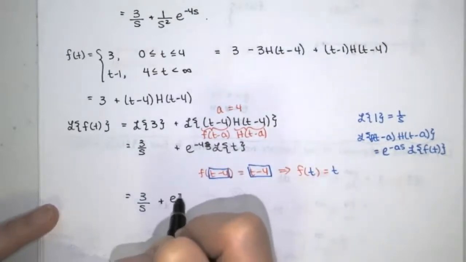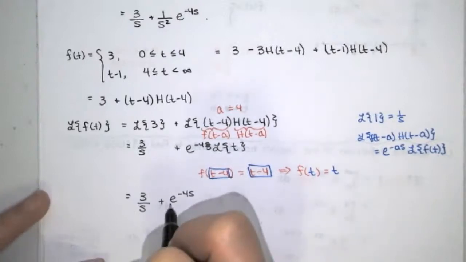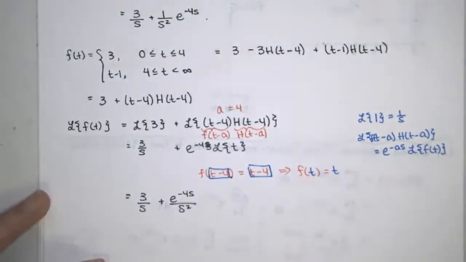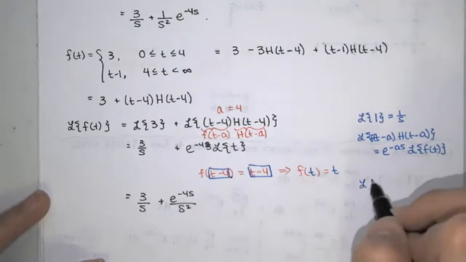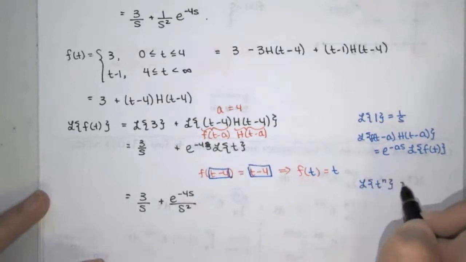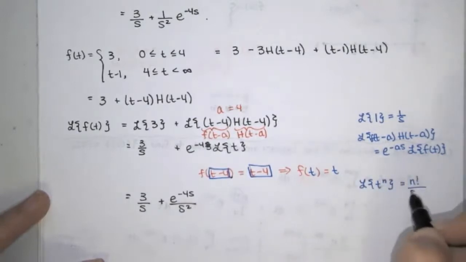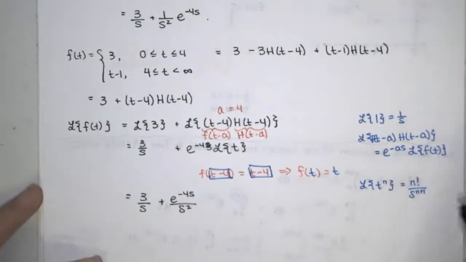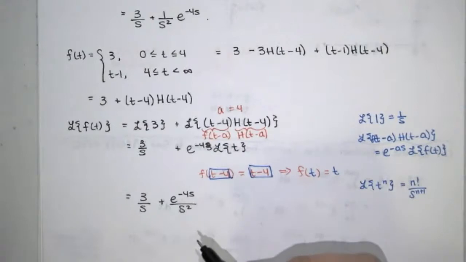And the Laplace transform of t is 1 over s squared. Remember, the Laplace transform of t to the n is n factorial over s to the n plus 1. If n is 1, we'll have 1 factorial over s to the 1 plus 1. So we get 1 over s squared.